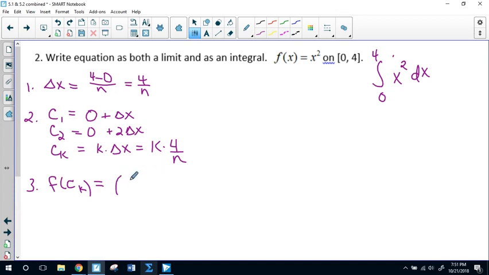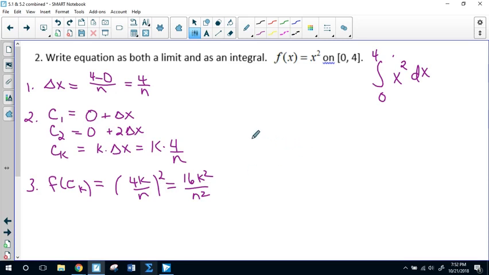Lost my train of thought, sorry. 4k over n quantity squared, which I'll simplify into 16k squared over n squared. All right, so that is my f of c sub k. Then I think I'm going to skip step 4. I think you guys can understand step 4 is just taking this and multiplying by delta x.